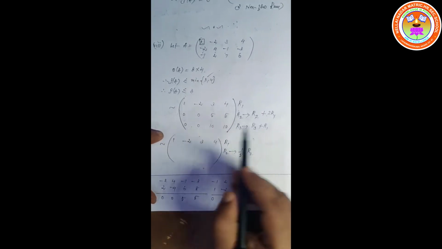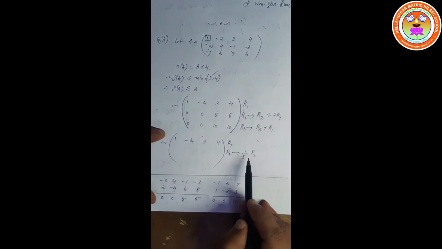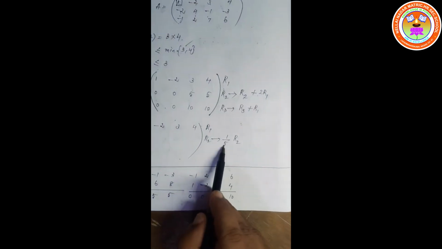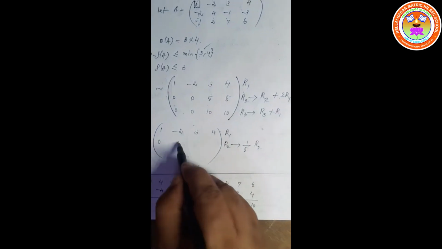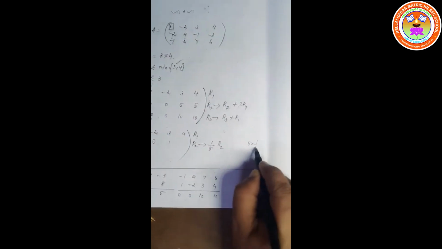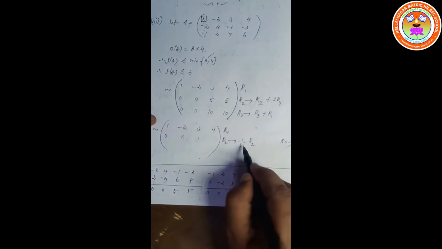That means I am dividing each and every element by 5, or we can say each element is multiplied by 1 by 5. 0 into 1 by 5 is 0, 0 into 1 by 5 is 0, 5 into 1 by 5 is equal to 1, and again 5 into 1 by 5 is 1.